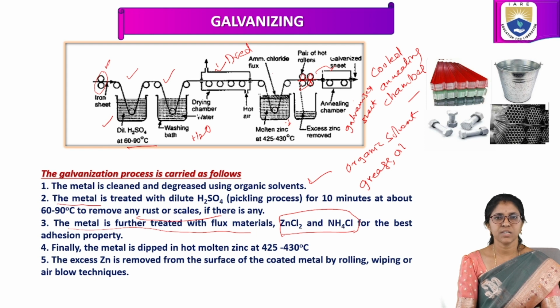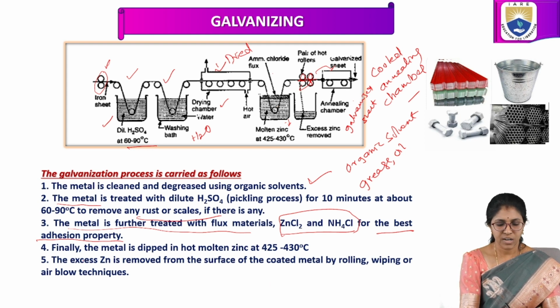In this process, first we clean the metal which is to be protected with organic solvent, then dilute H2SO4. After that we wash with water and dry in the drying chamber. Then it is passed through the zinc chloride and ammonium chloride flux, which is used for the best adhesion of the coating metal to the base metal. After that, it is immersed in molten zinc at 425 to 430 degrees centigrade.